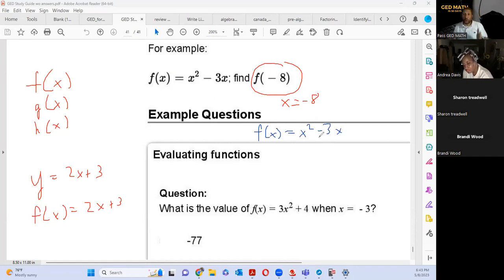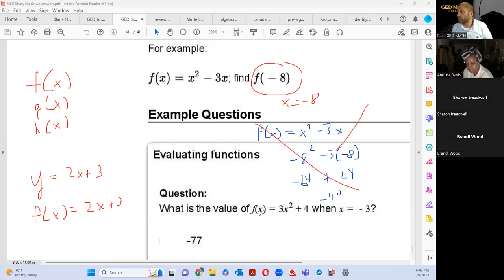So what most people do is -8 squared minus 3 times -8. -8 squared is -64 plus 24 equal -40. That is wrong.